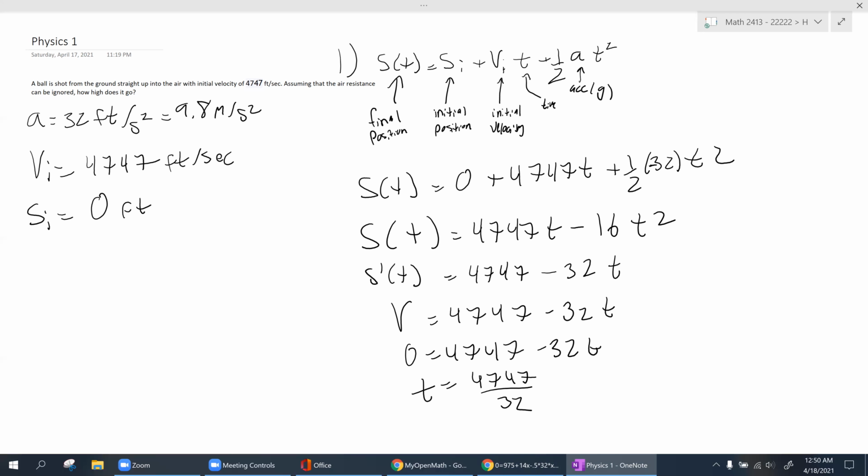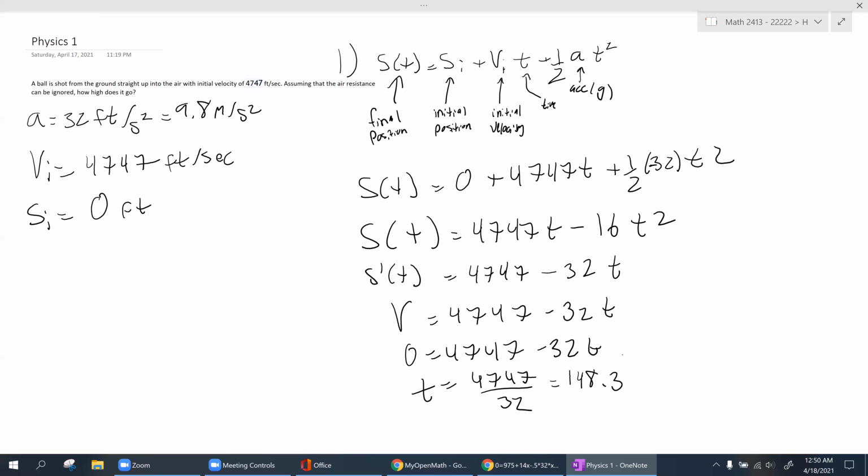Let's see here, 47, making sure I wrote down everything right. This here ends up giving me 148.3.